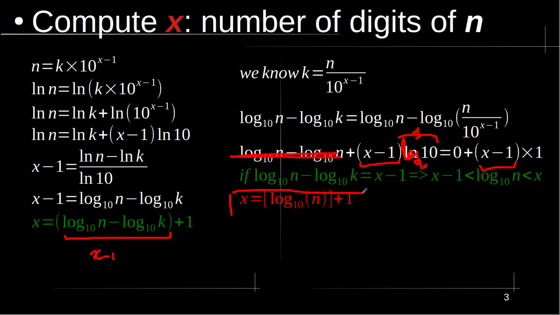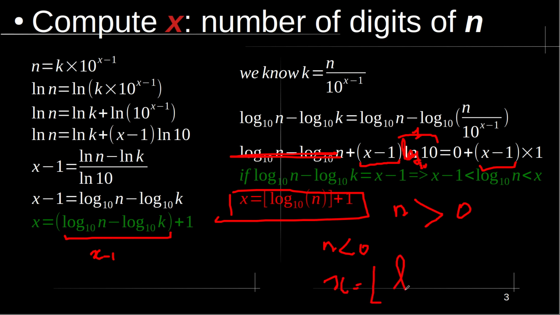This formula gives me the number of digits of an integer n such that n must be positive. If n is negative, which is not our case here, but for your information, we use the floor. x is equal to floor of logarithm base 10 of n plus 1.